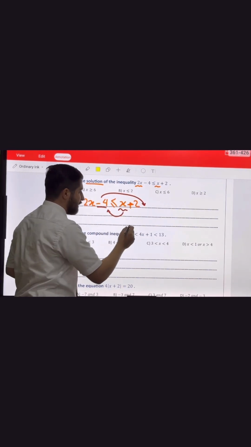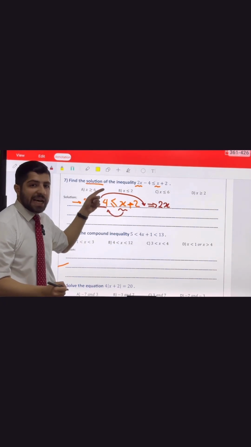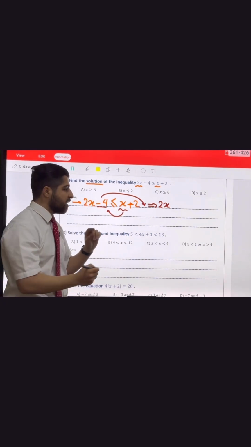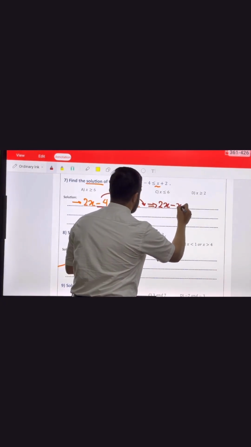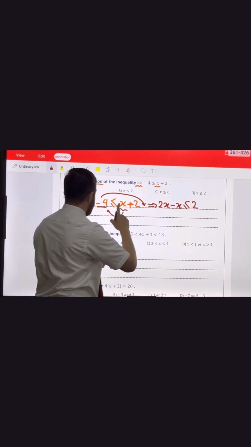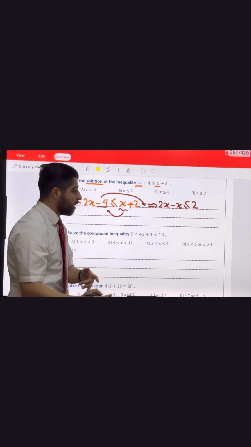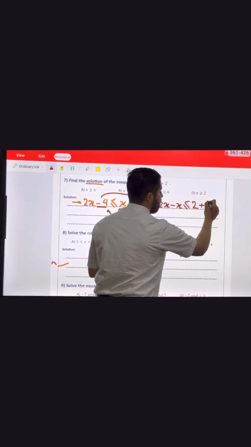So what do I get is this. I get 2x. The x was already positive. When you switch sides, the sign changes, it becomes negative. x less than or equal to, you write the 2. The 4 was negative, but when it changed side, it became positive. So you get positive 4.